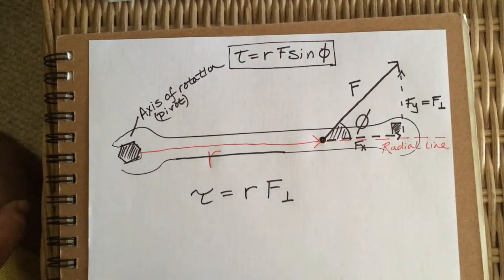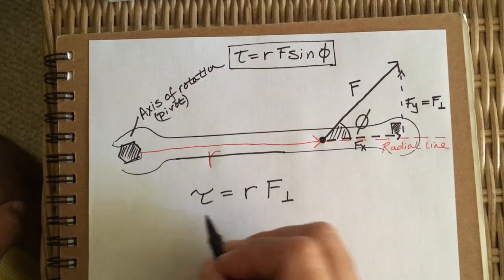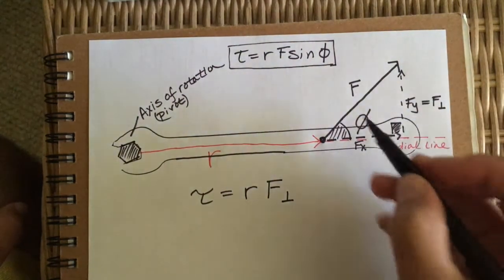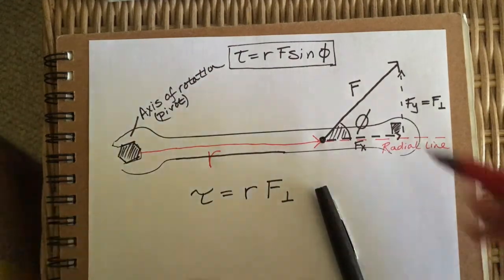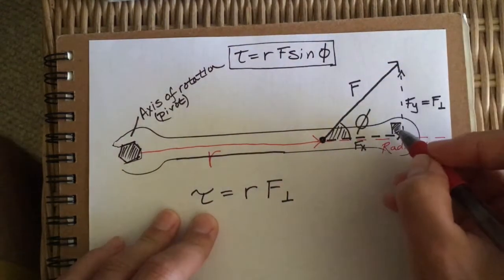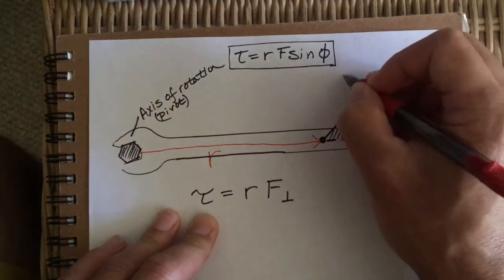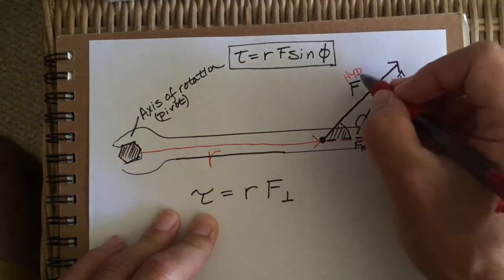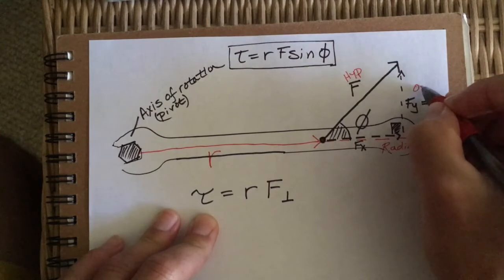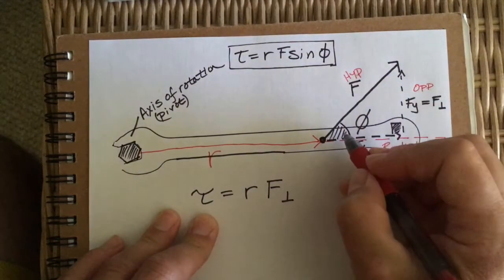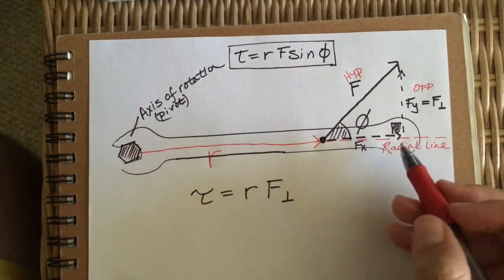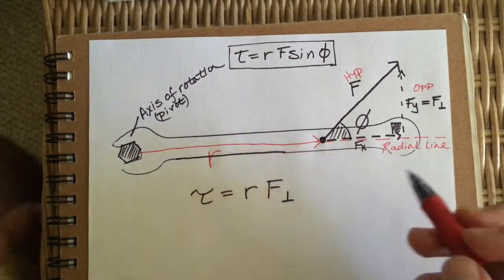And so down here, you can see now that F perpendicular is this side right here, which in my right triangle, across from 90 is my hypotenuse, and across from phi is my opposite, and next to phi is my adjacent, but Fx doesn't really matter here, but it is the adjacent.